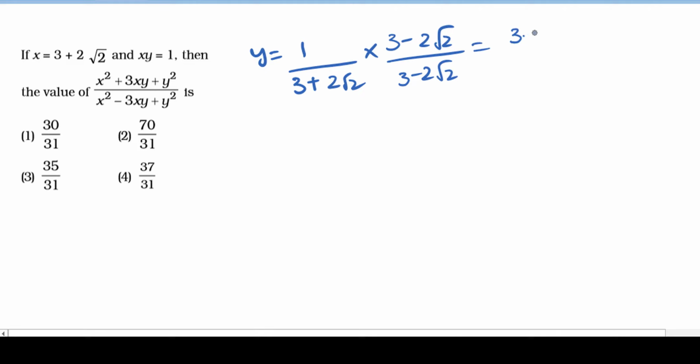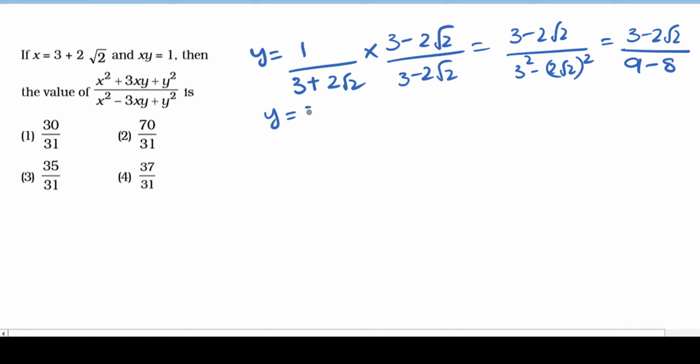Then here we get (3 minus 2 root 2) by (3 square minus (2 root 2) whole square). This is equal to (3 minus 2 root 2) by (3 square minus 2 2s are 4). This is 9. This is 4 into 2, 8. So y is actually equal to 3 minus 2 root 2. Wow. So x is equal to 3 plus 2 root 2.